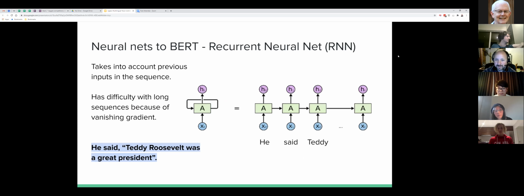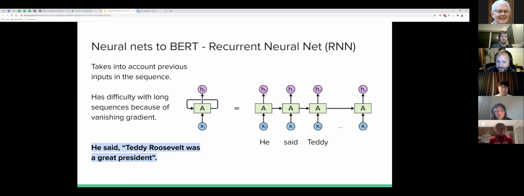So enter the recurrent neural net. What these do is essentially the same sort of thing, but you can have a series of steps where a sequence can be fed in. So, for example, you've got a sentence and each of the different tokens represents one of the inputs. Starting off with "he", you would send this through the network.